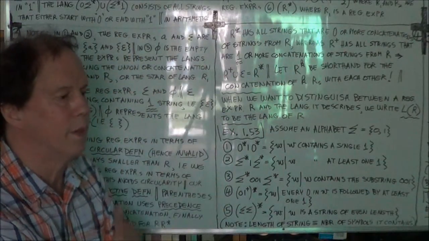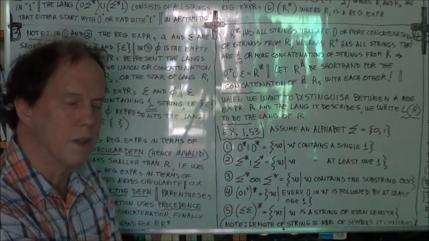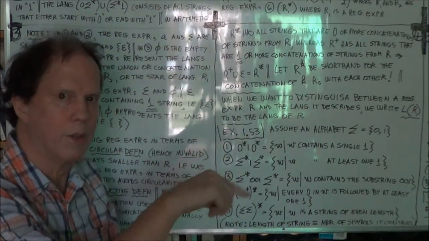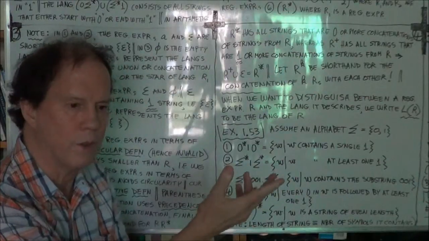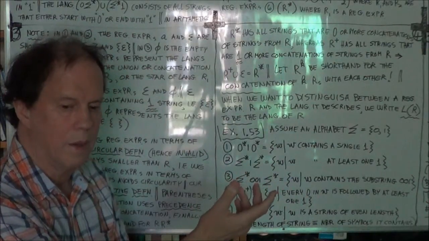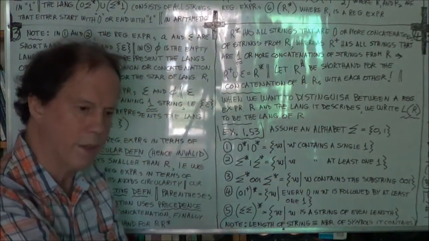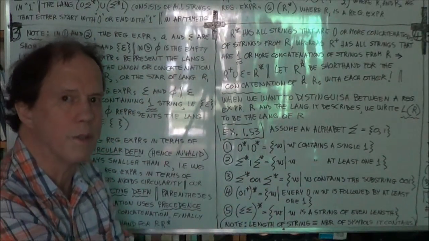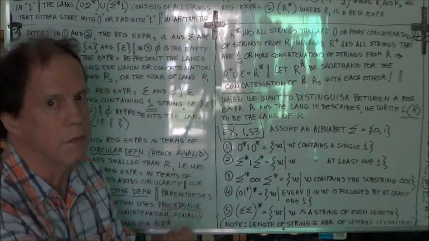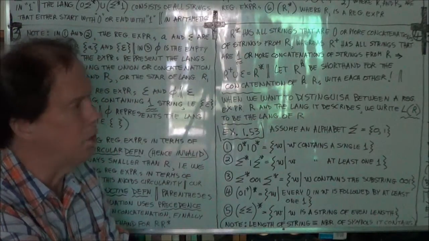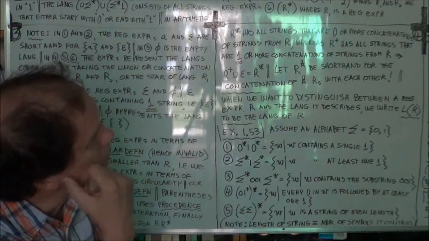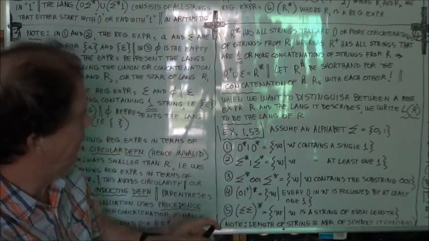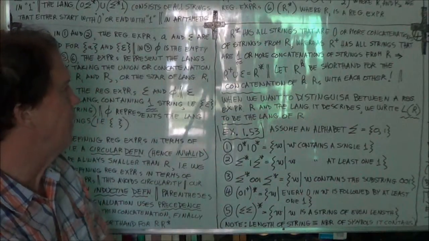Now a language is just a set of strings, so you could describe L of R as a wiggly bracket W, where W just stands for a string, and then a vertical bar, in other words, such that, or having the property that. That's the property description of a set, and then you list the property that W has, and we'll do quite a bit of that.